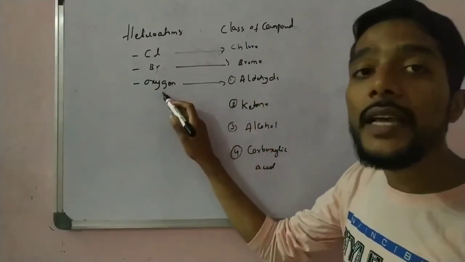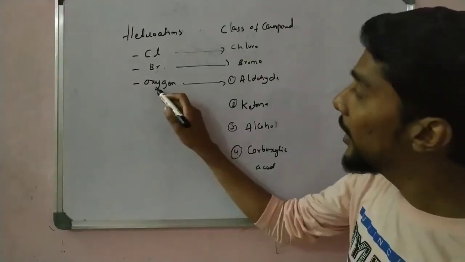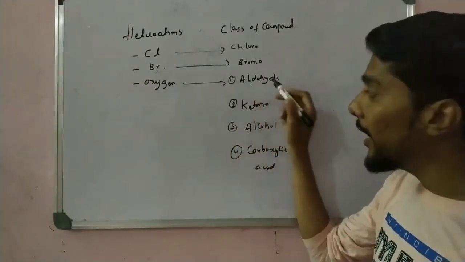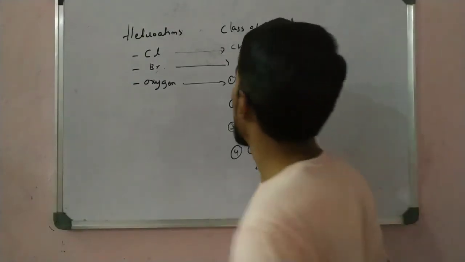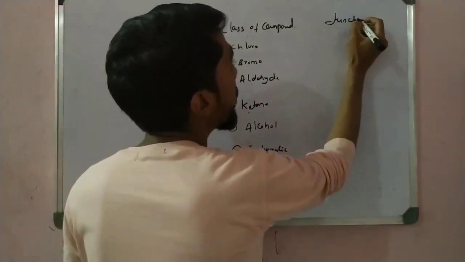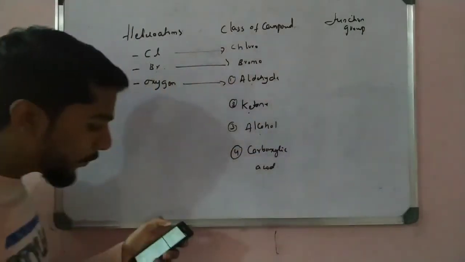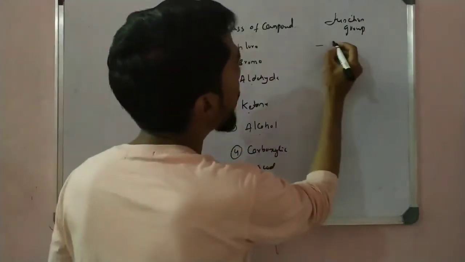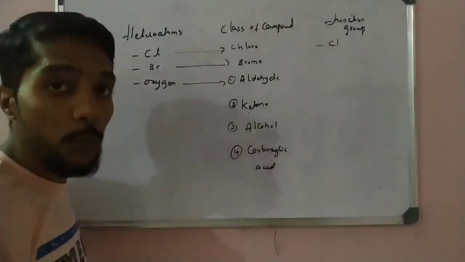If oxygen is there, and I remove H and put oxygen in its place, it may be aldehyde, ketone, alcohol, or carboxylic acid. So now we understand the functional group. If chlorine is present in the compound, the functional group is chlorine.